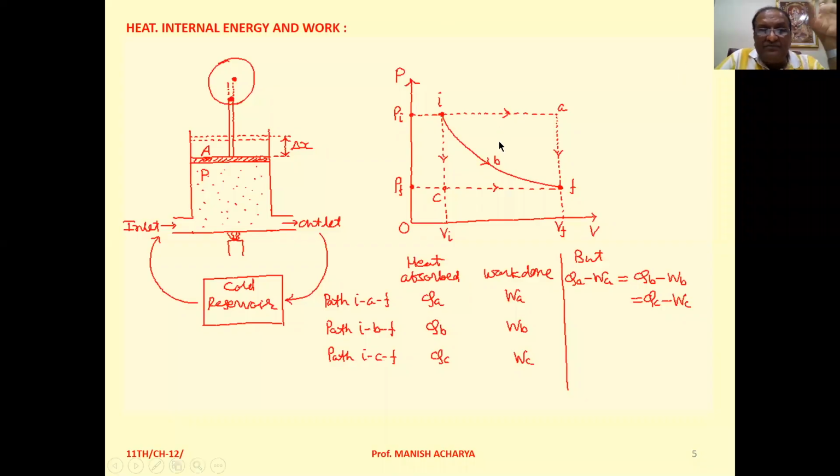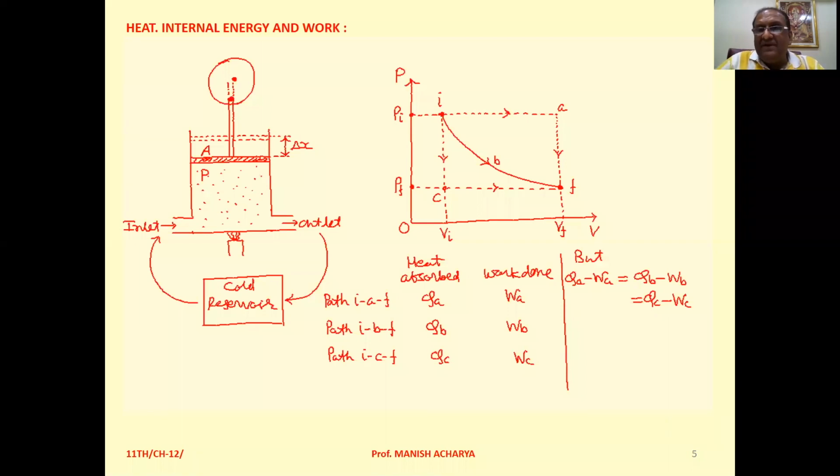Now here we can observe one interesting thing. If the system is moved from the initial to the final thermodynamic state through any path, then no doubt the heat absorbed by the system and the work done will be different for different paths.